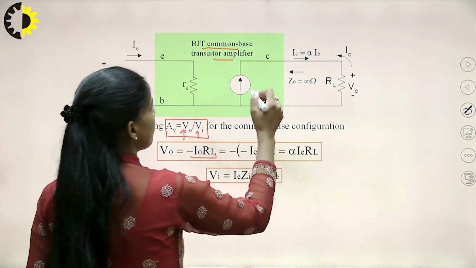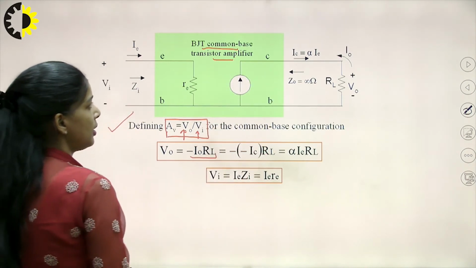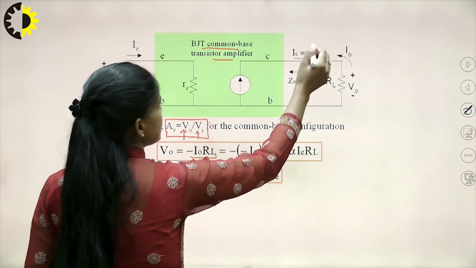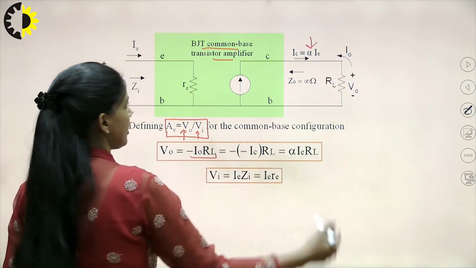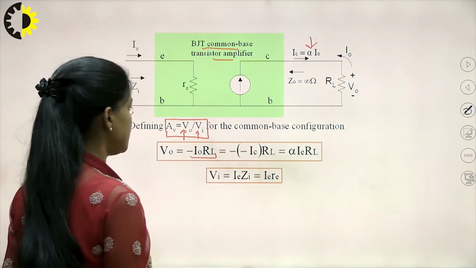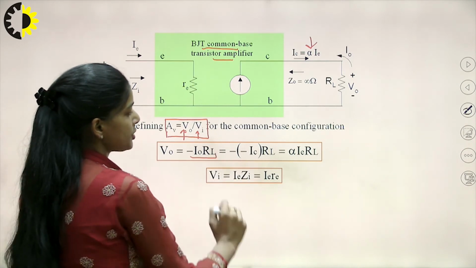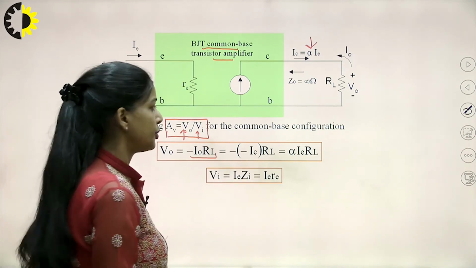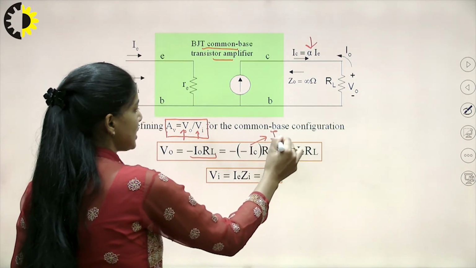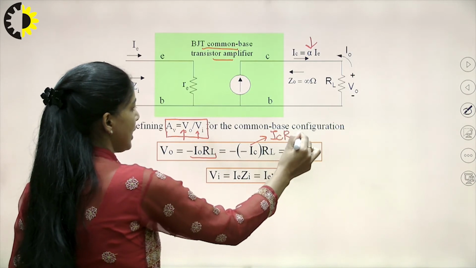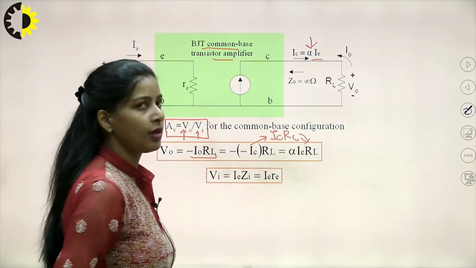From the current source of this amplifier model, IC is alpha times IE, and IC and Io have opposite directions. So Io RL can be replaced by minus of IC due to its opposite sign. So from here we get plus alpha IE into RL, putting the value of IC as alpha IE.